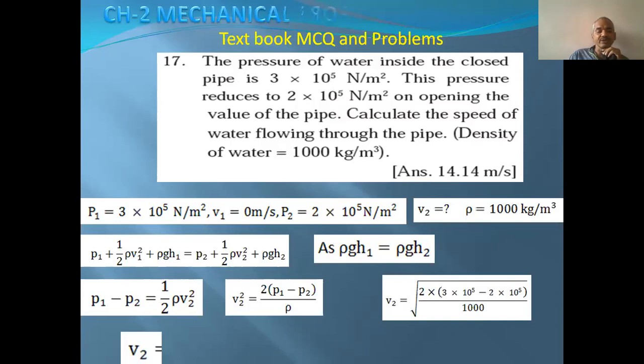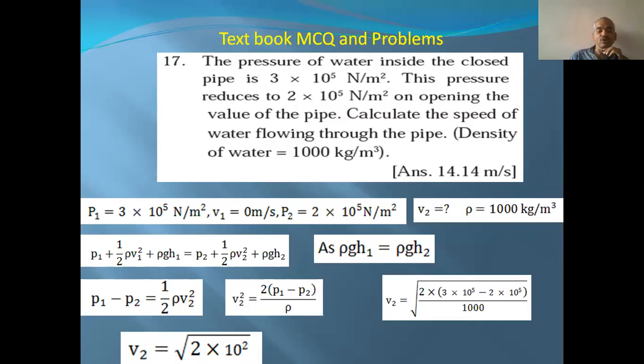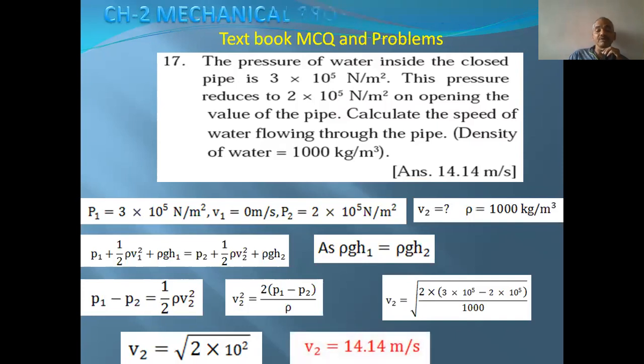You can easily find the value as under root of 2 into 10 raised to 2. If we take outside the square root of 10 raised to 2, you get only 10, and the square root of 2 is 1.414 into 10, that is 14.14 meter per second. This gives you the velocity of the water flowing through the pipe.